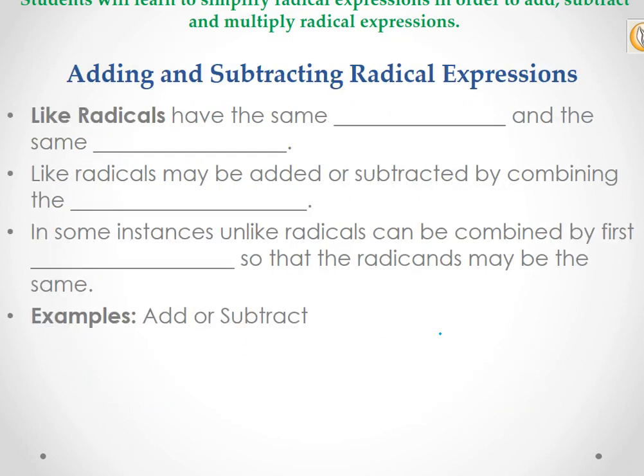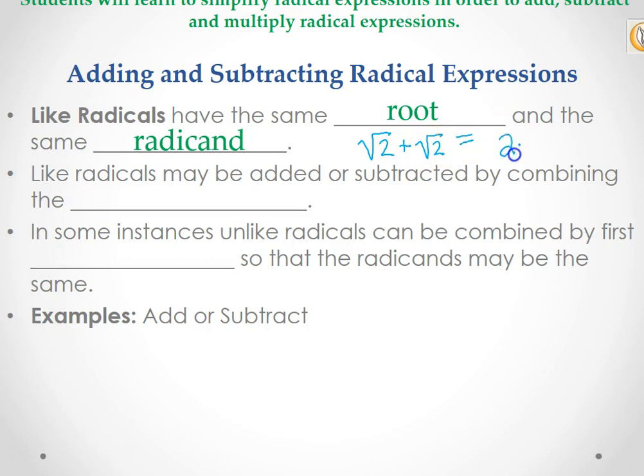Okay, so that's how we simplify. Adding and subtracting radical expressions: like radicals have the same root and the same radicand. So if I see the square root of 2 and the square root of 2, those are equal. If I'm adding those, I would say 1 square root of 2 plus 1 square root of 2.